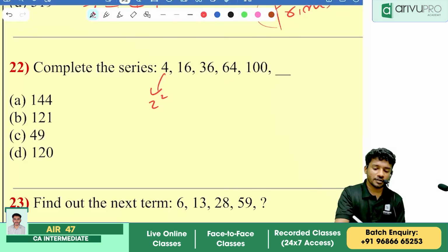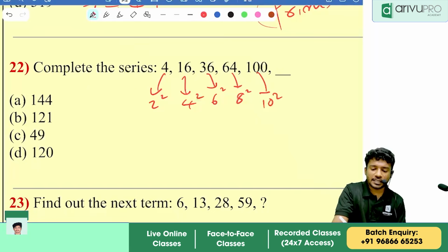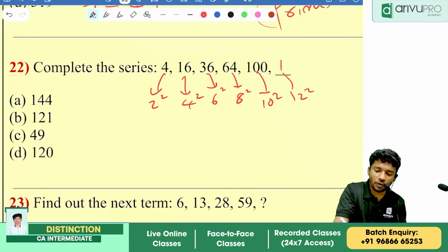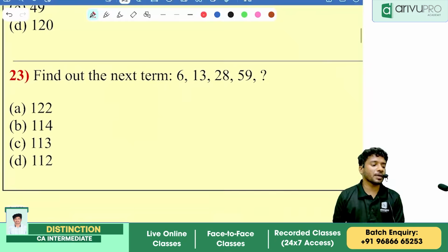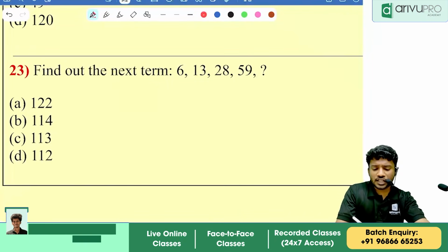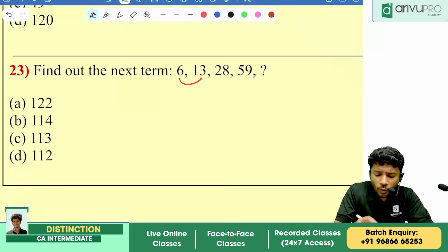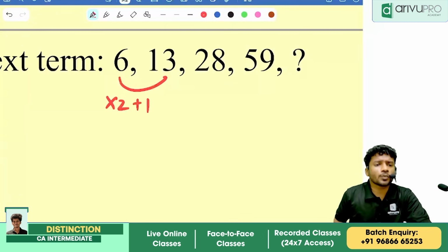Next question. A very easy question. 2 square, 4 square, 6 square, 8 square, 10 square. Next one will be 12 square. How much is the answer? 144. Next question, people. Have a look at this beautiful question. 6 became 13. So, this is like 6 into 2 plus 1.